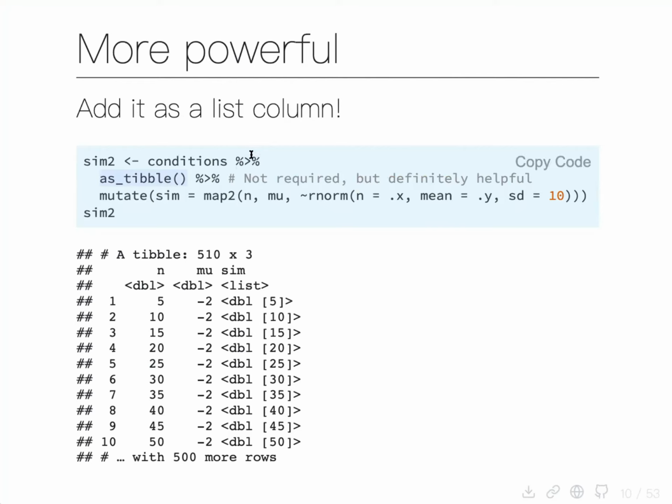Then from there, I'm going to mutate and say sim, a new column, is equal to map2. I'm going to loop through n and mu and apply the rnorm function just like I did before. n is equal to .x, and mean is equal to .y. So the columns I'm looping through are now the columns of the data frame. And so now I have a list column like this. Does that make sense?